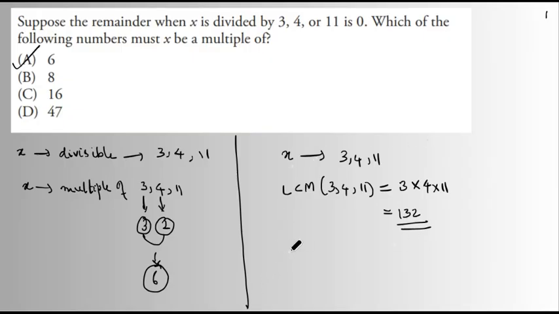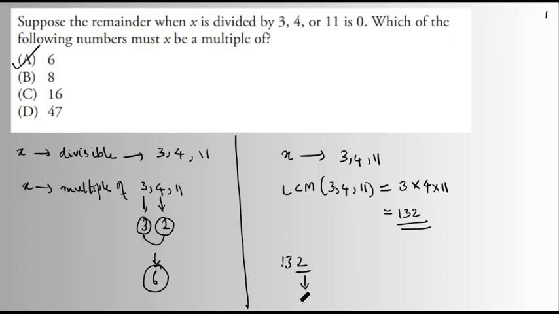So x should be some multiple of this 132. So you can check out of these numbers, 132 won't be divisible by 8, 16 and 47. That's literally impossible. But 132 is divisible by 6 because, once you observe it, 132 is easily divisible by 2 because the last digit is an even number.